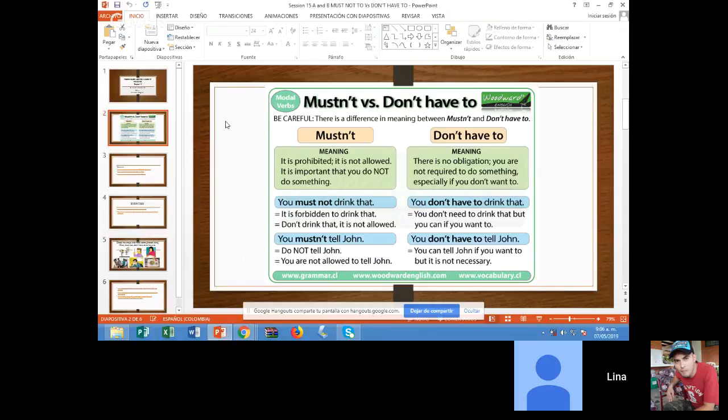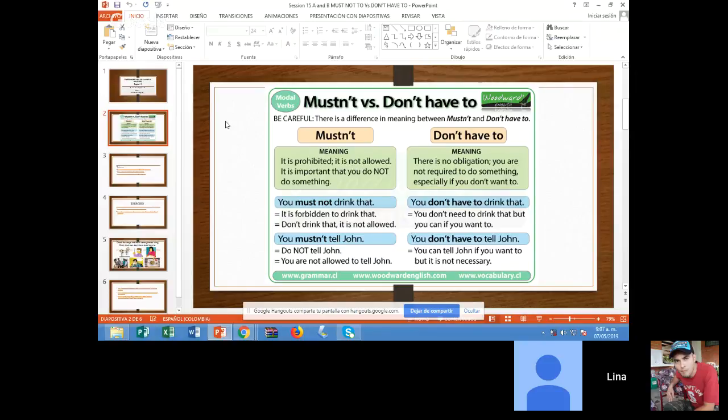Versus don't have to. The meaning is different. There is no obligation. You are not required to do something, especially if you don't want to. You don't have to drink that. You don't need to drink that, but you can if you want. You don't have to tell John. You can tell John if you want to, but it is not necessary.